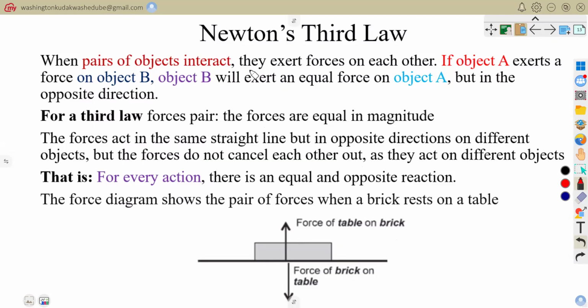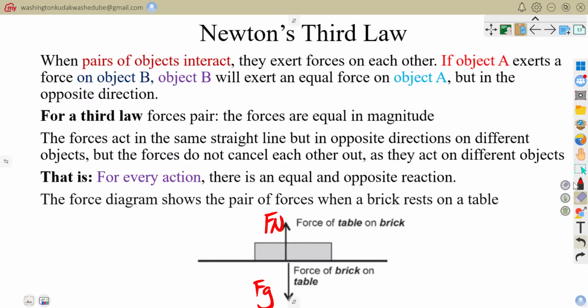You can say that when you have a brick resting on the table, the brick will exert a force on the table due to its gravitational force, and then the table would also exert a balancing force on the same brick that will cause it to remain at rest. We usually term this force the normal force, and we usually term this force the gravitational force. So those are the two pairs of forces.